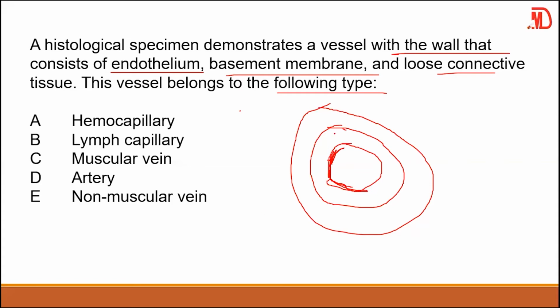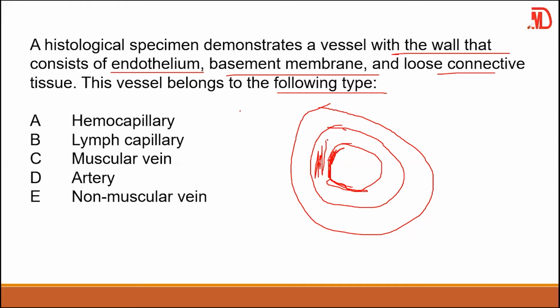Then we have the tunica media, that is the middle layer. It either consists of muscles or it consists of elastic tissue. In arteries, you will either see muscles or you see elastic tissue. If it is made up of more elastic, we call it an elastic artery. If it is more muscles, we call it a muscular artery.